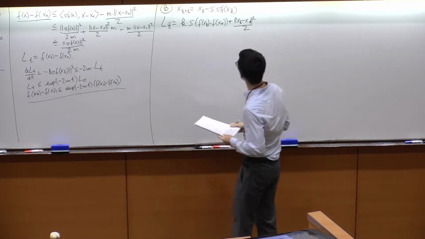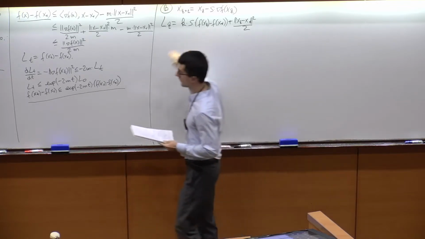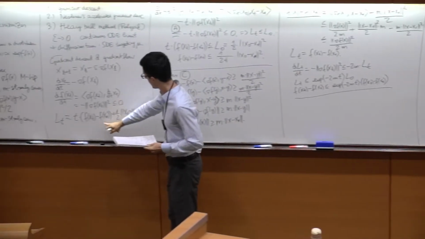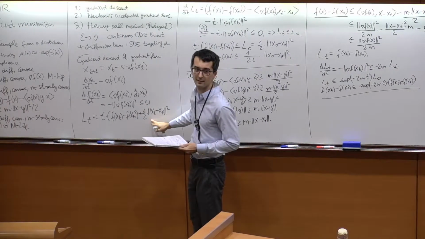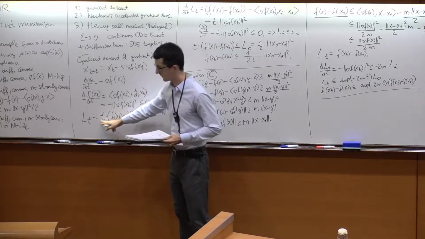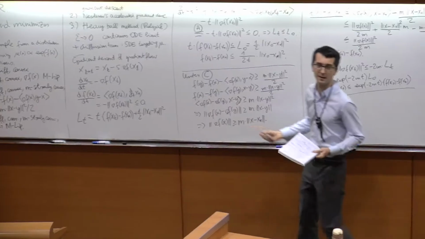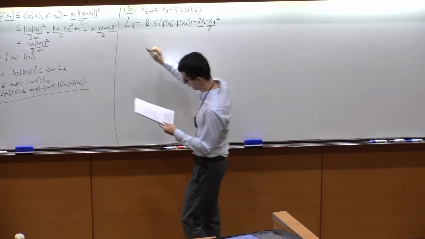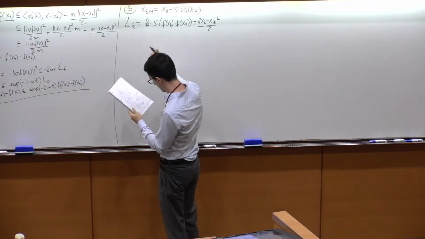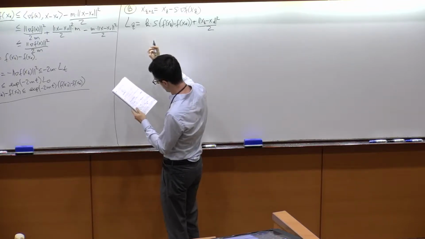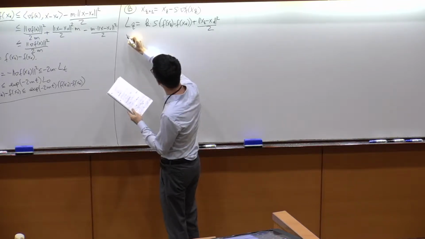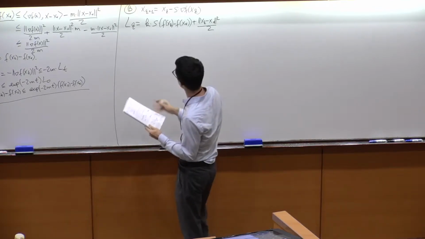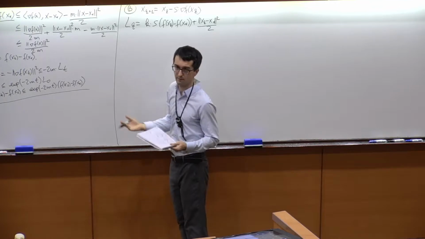If you compare this with the Lyapunov function that we had here, you see it's not that different. The only thing that we do is replace t by k times s, and you get the same thing. And now, when you compute L_{k+1} − L_k, our goal is to show that it's negative.